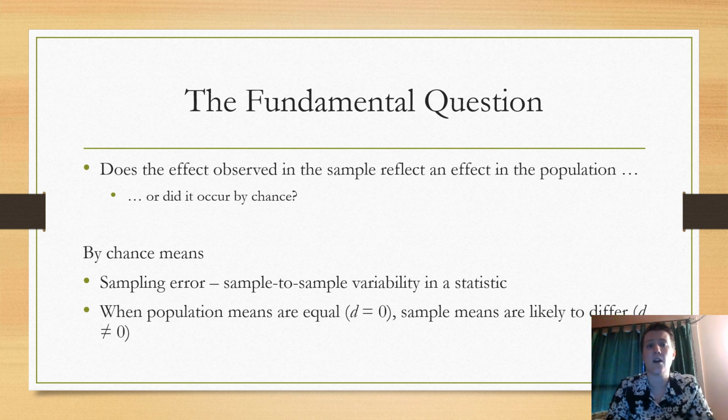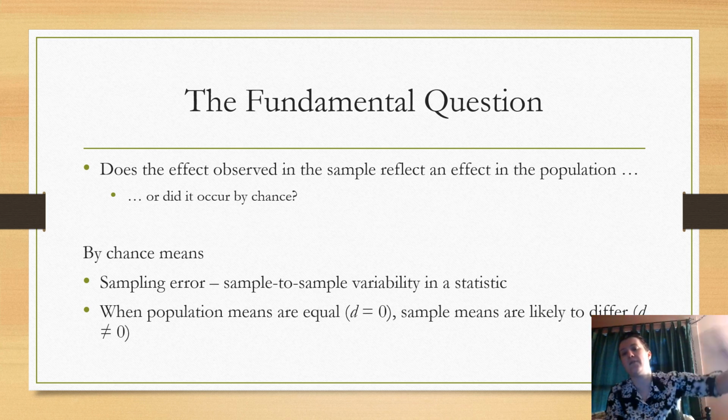So when we say, did this occur by chance? Did the quiet condition just by chance score better than the loud condition? We're testing for that. And by chance, that's saying, is there a sampling error? Maybe these 50 and these 50 people in both of our conditions, these were their means.